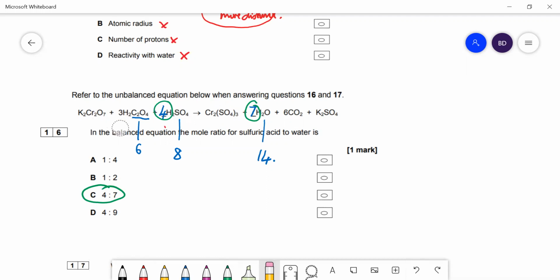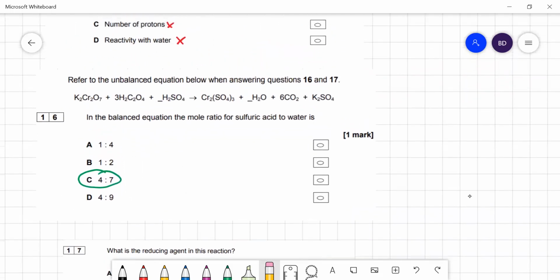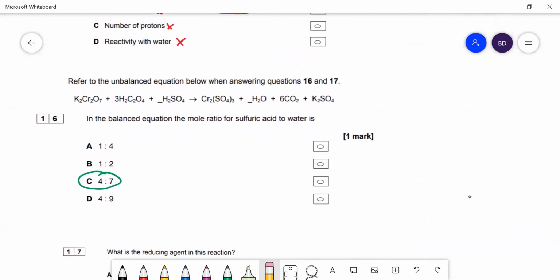Okay, now we need that equation again in the next step. The next question. What is the reducing agent in this reaction? Okay, so we need to look at the oxidation numbers of the species. Hydrogen is always +1 and oxygen is -2 in all of its compounds, so we can forget about those.